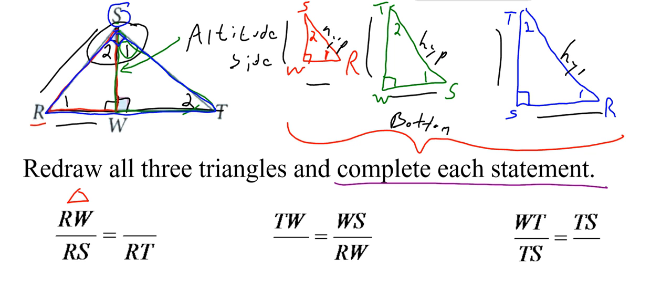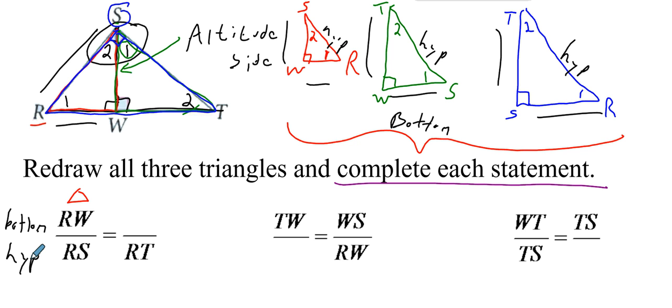As we're setting up similarity proportions, we have to make sure things line up. On the left side, the ratio RW over RS is from our right triangle. RW is the bottom of that redrawn right triangle, and RS is our hypotenuse.